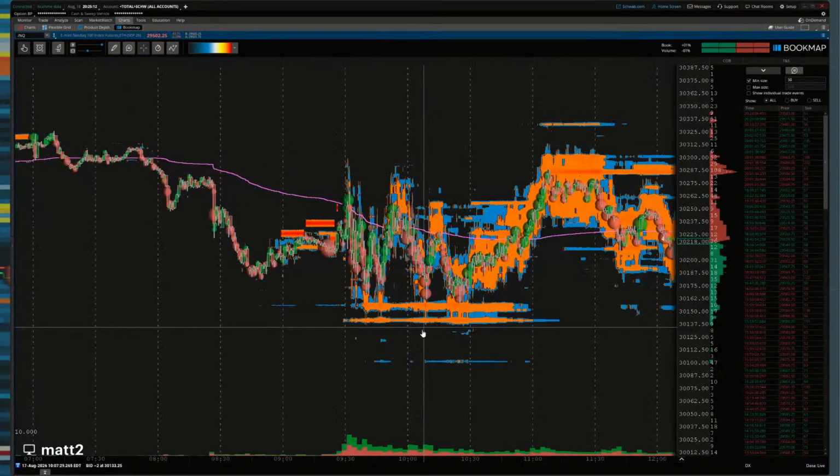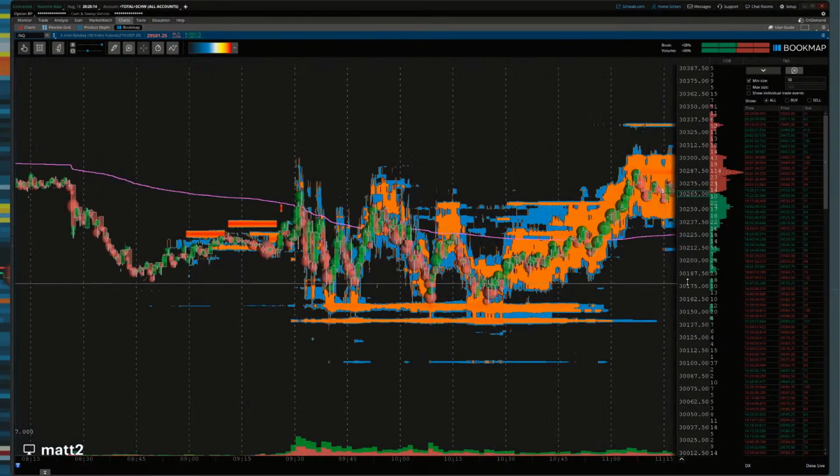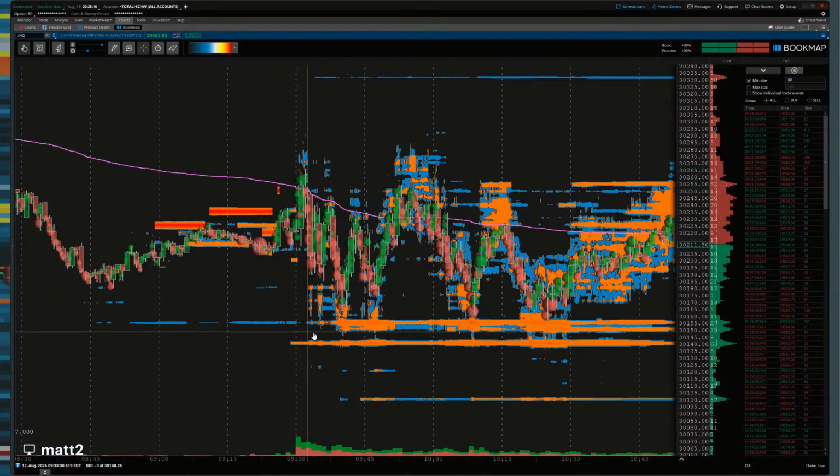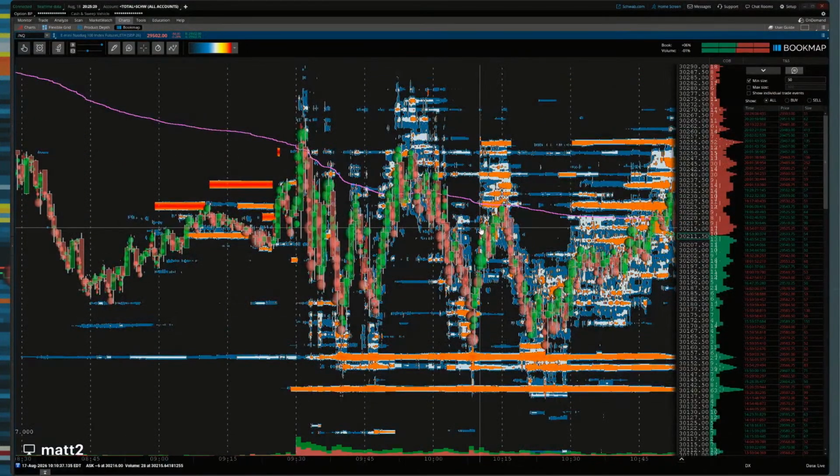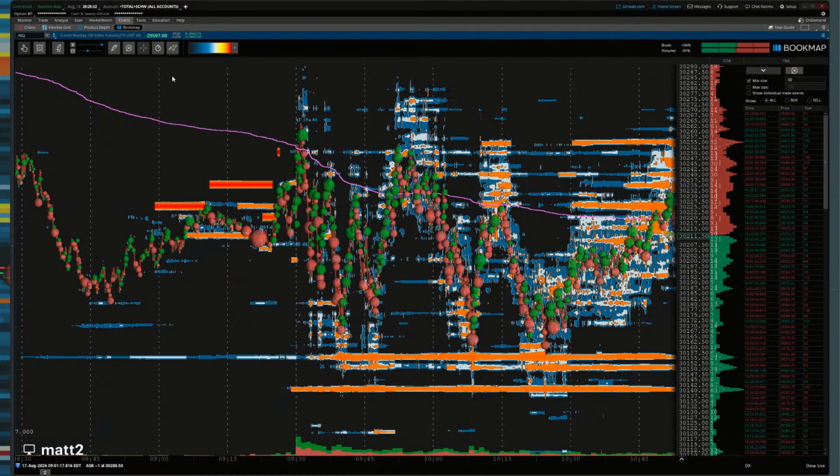All right, ladies and gentlemen, I'm so terribly sorry for how this has gone. But if you will bear with me, this is my Bookmap. This is VWAP. These are candlesticks. I like to have candlesticks on my Bookmap, you can choose not to.